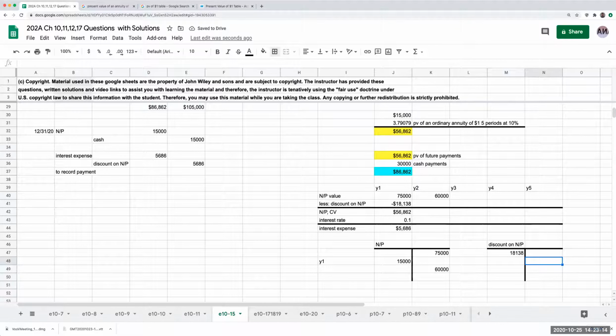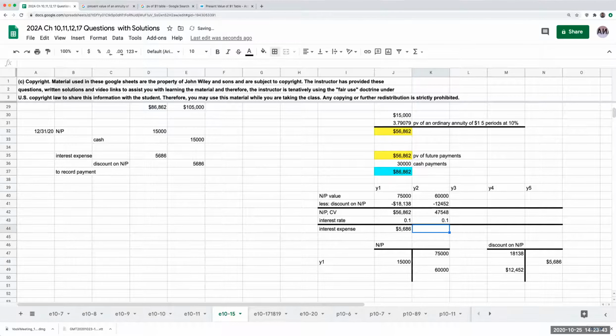And over here, I'm crediting this by 5,686, or the amount that's going over to interest expense. So my ending balance in the discount is going to be 12,452. So my new note payable carrying value is 47,548.